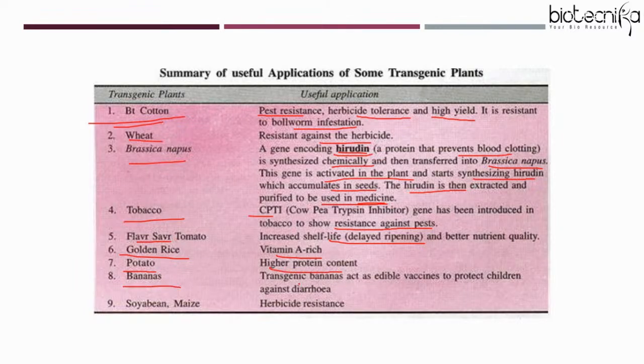Transgenic bananas act as edible vaccines to protect children against diarrhea. We also have transgenic soybean and maize, which have herbicide resistance. Okay, so these are the different applications of some important transgenic plants.